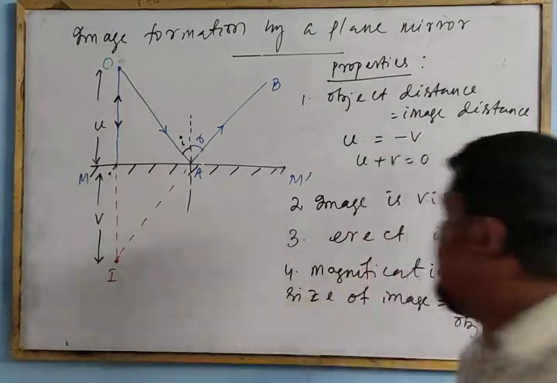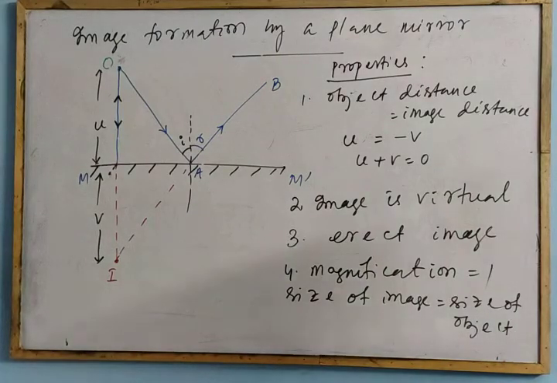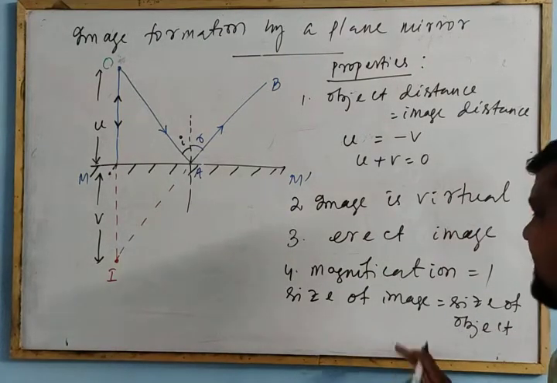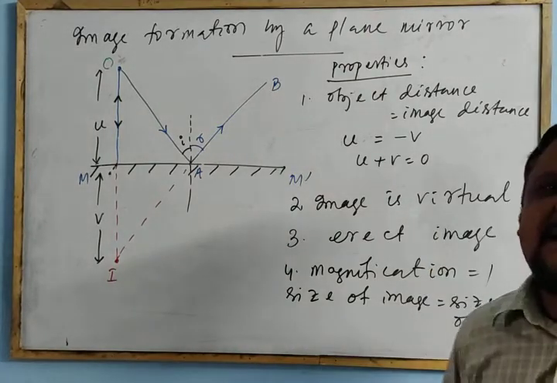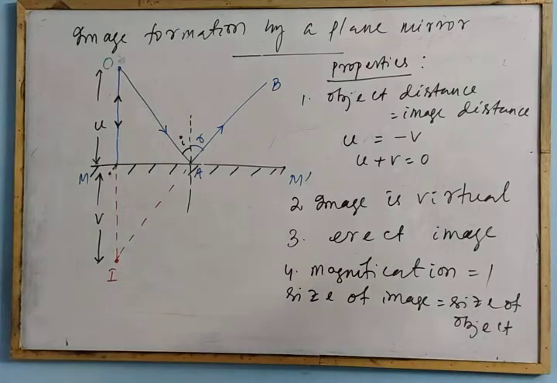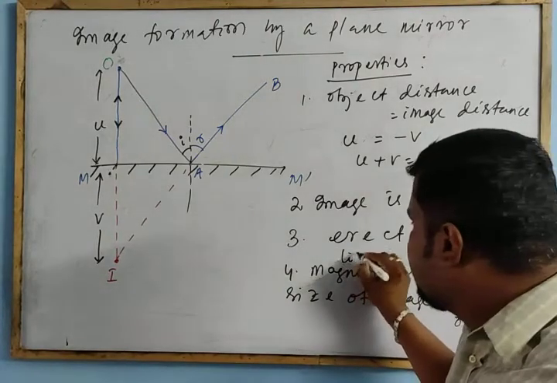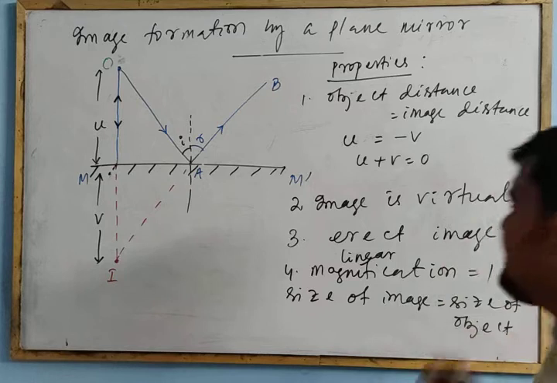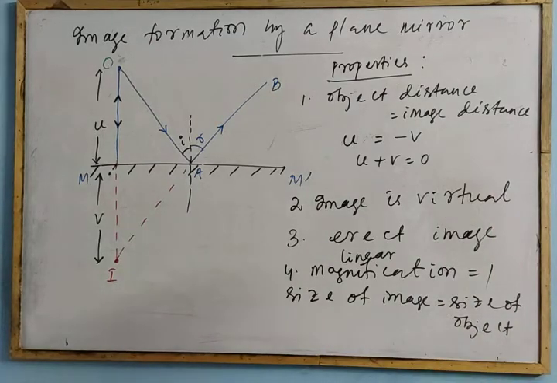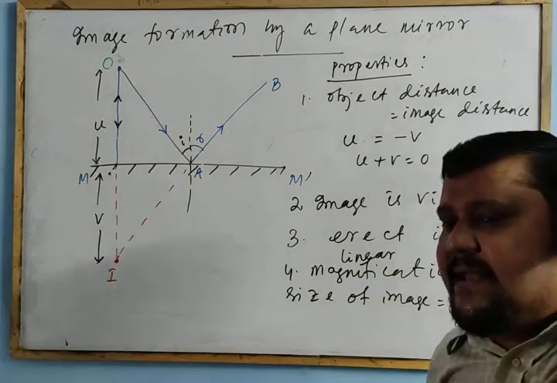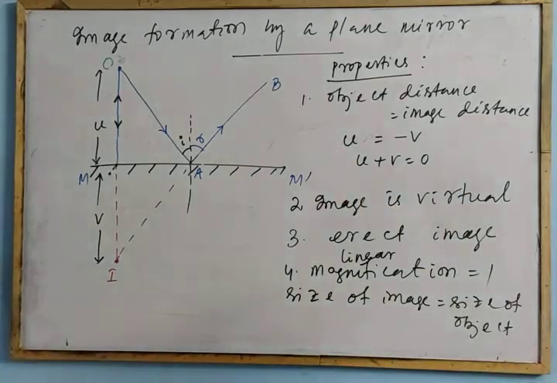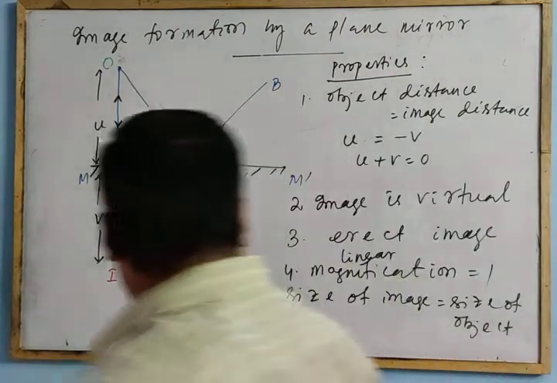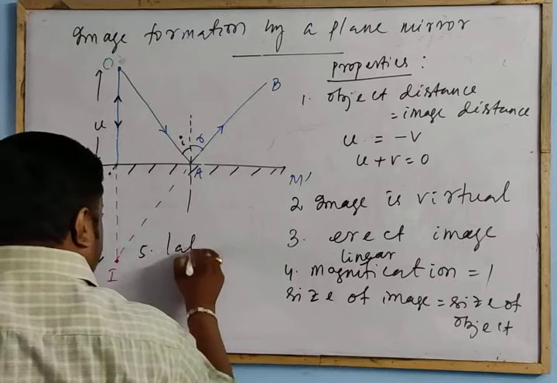If you divide size of image by size of object, that is the definition of magnification, called linear magnification. Linear magnification is always 1 for a plane mirror.